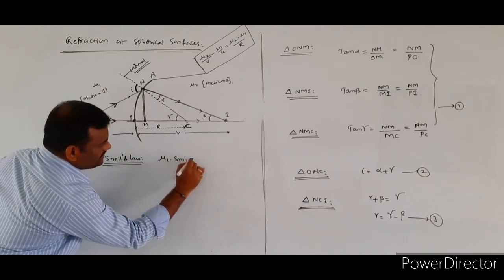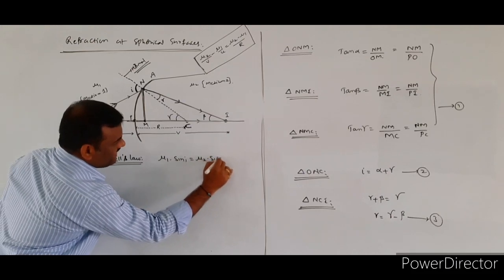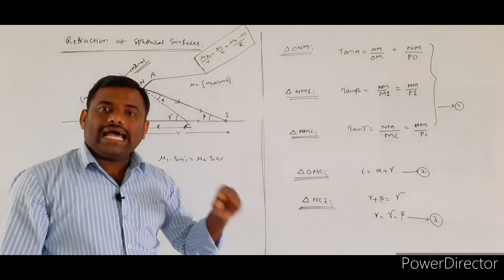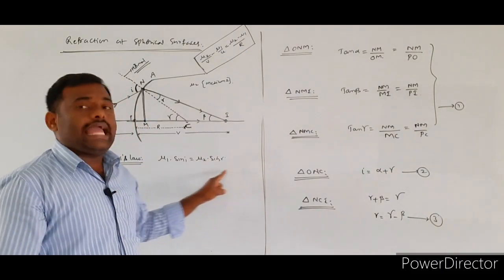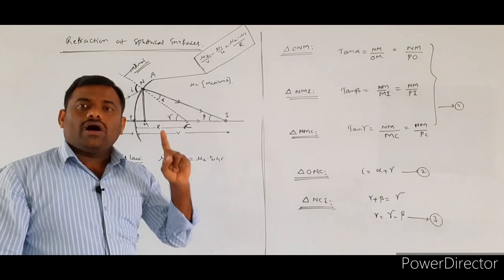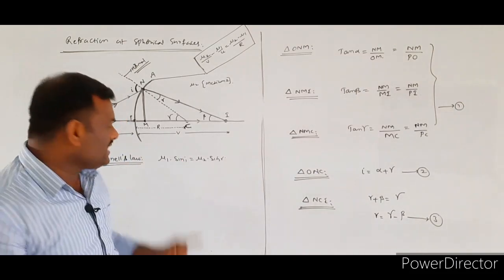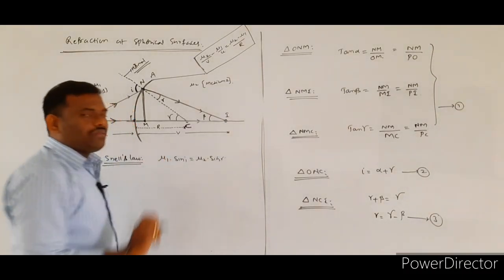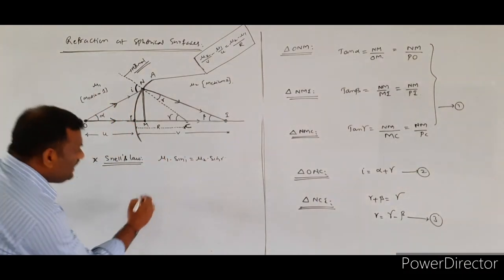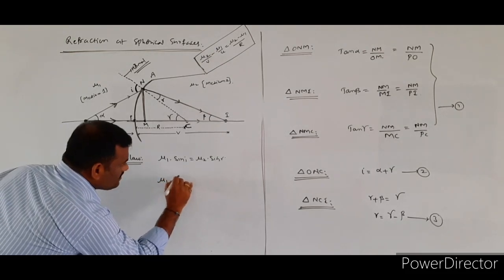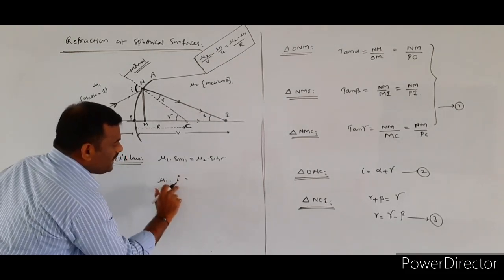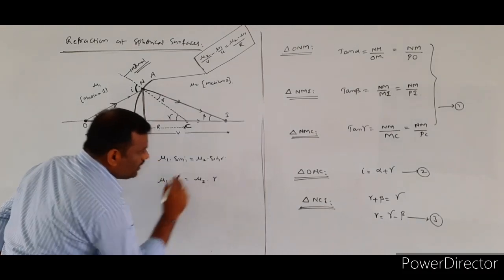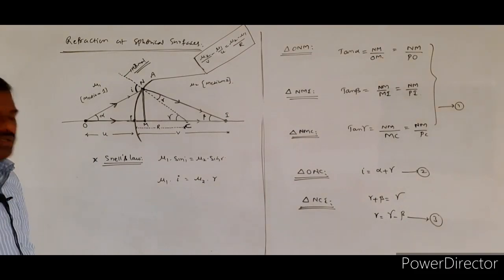Mu1 sin I is equal to mu2 sin R. Here I am assuming that all the angles are small angles, so sin I can be written as I and sin R can be written as R. So mu1 into I is equal to mu2 into R.